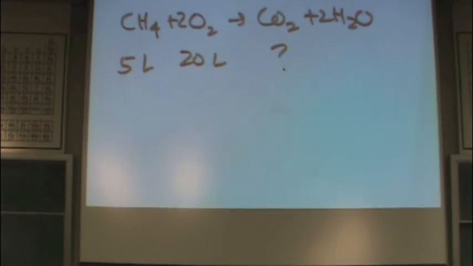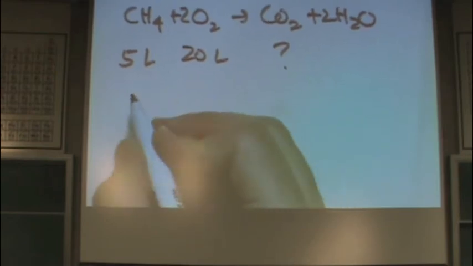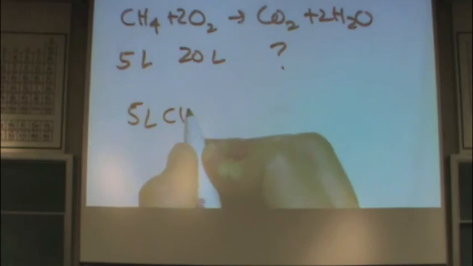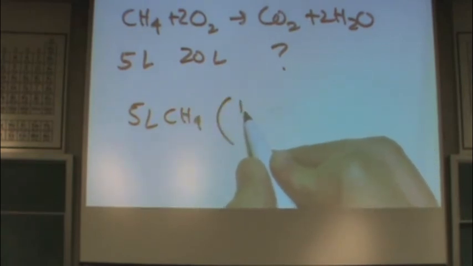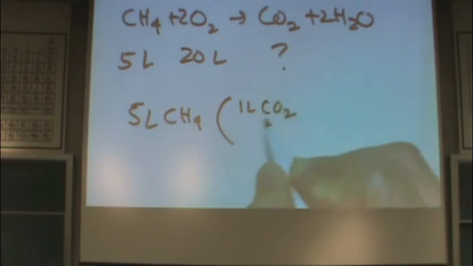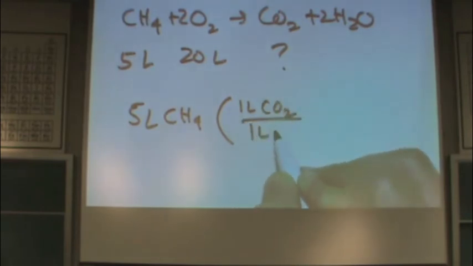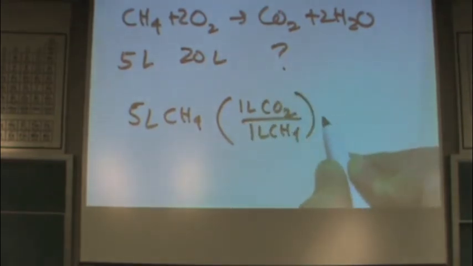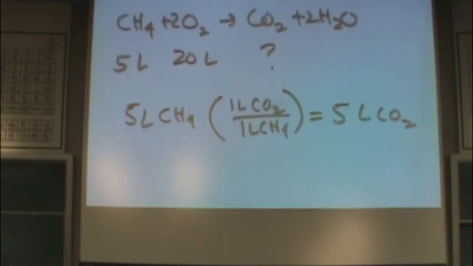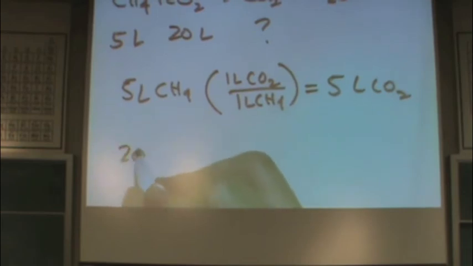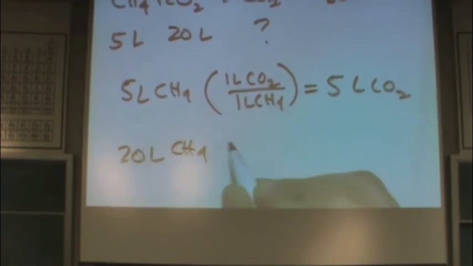Now, because of the law of combined volumes, I can say, well, 5 liters of CH4 times 1 liter of CO2 divided by 1 liter of CH4 can easily tell me that there's 5 liters of CO2. So I can even do that in my head. And for the other one, 20 liters of O2.